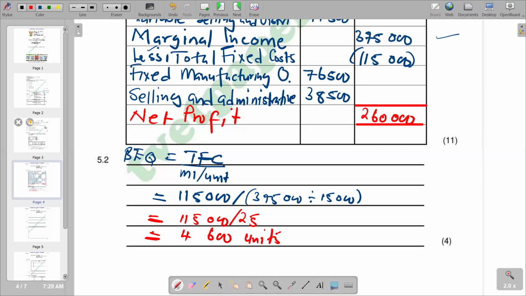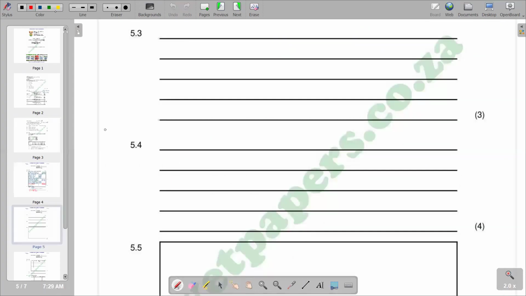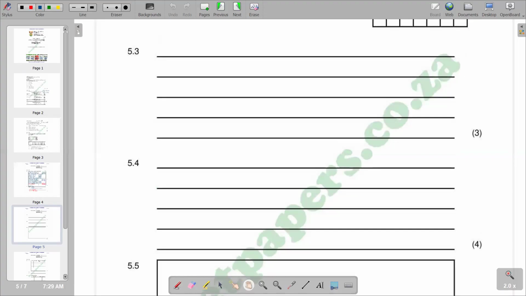Then we move on to the next part of our question, which needs us to calculate the break-even value. So what is important is to bring down the formula first. Break-even value is equal to break-even quantity times selling price per unit.